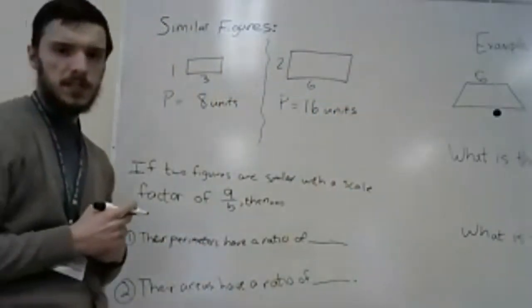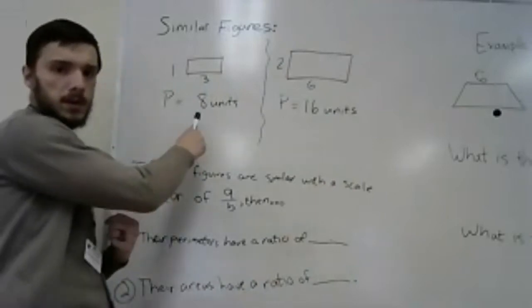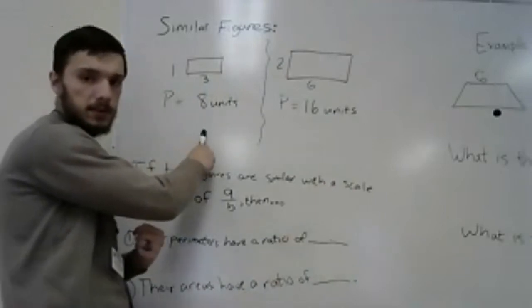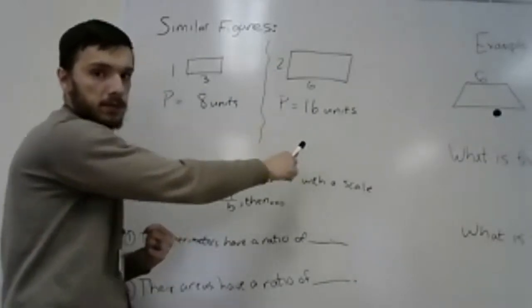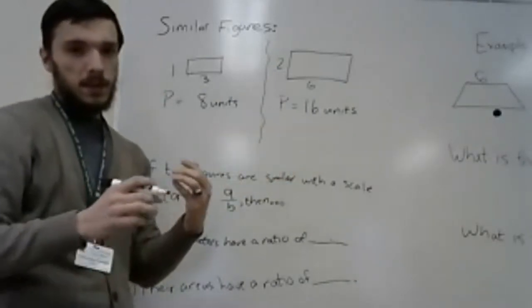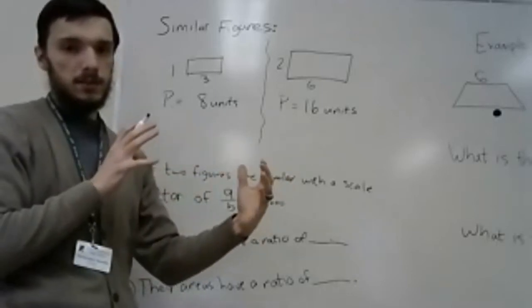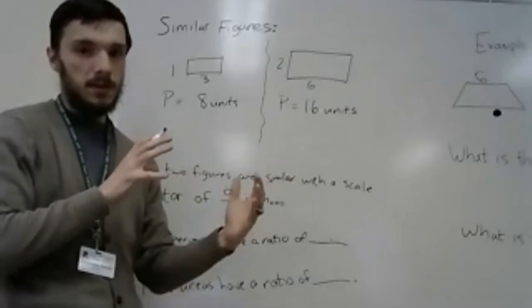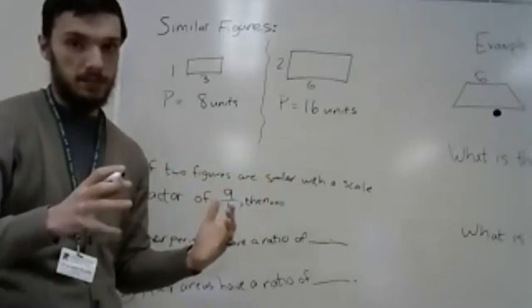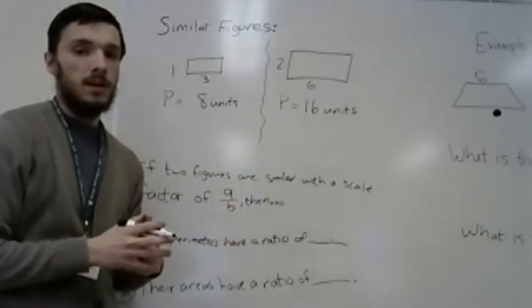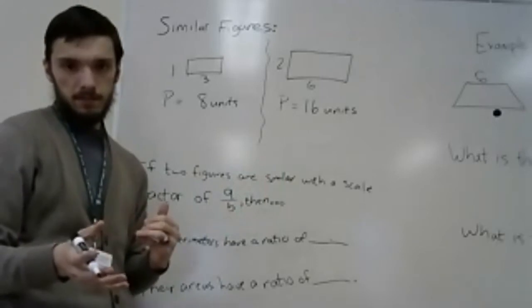Okay, so as you can see, the perimeter of the smaller rectangle times 2 is the perimeter of the larger rectangle. So the scale factor of our similar figures is mirrored in the scale factor of the perimeter of our similar figures.